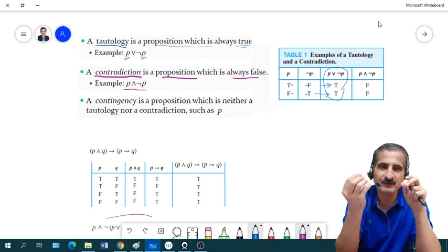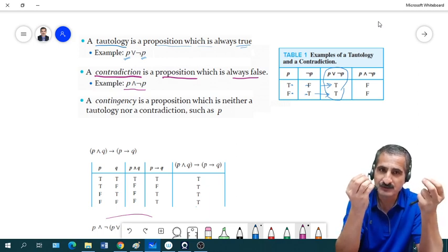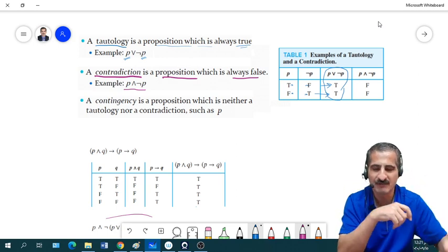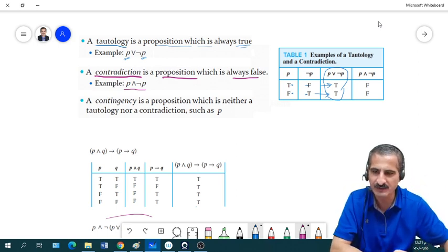Now we have P and not P, so one of them has to be false because they are opposite. One of them is true and the other is false. So the combination we have is false. Again, true and false is false. False and true is false. So this proposition here is a contradiction.